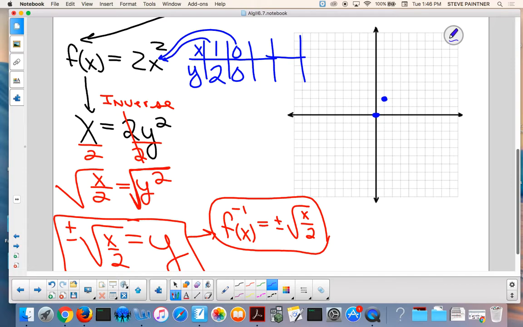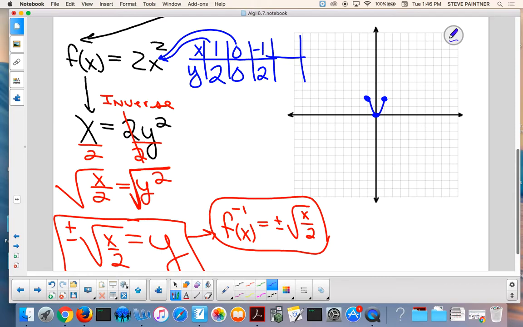Negative 1 goes in. Negative 1 times 2. 2. I think we see something like that, which means I think I already have the vertex. It's 0, 0, right? Okay, I have a little piece of the parabola. Let's get one more point.